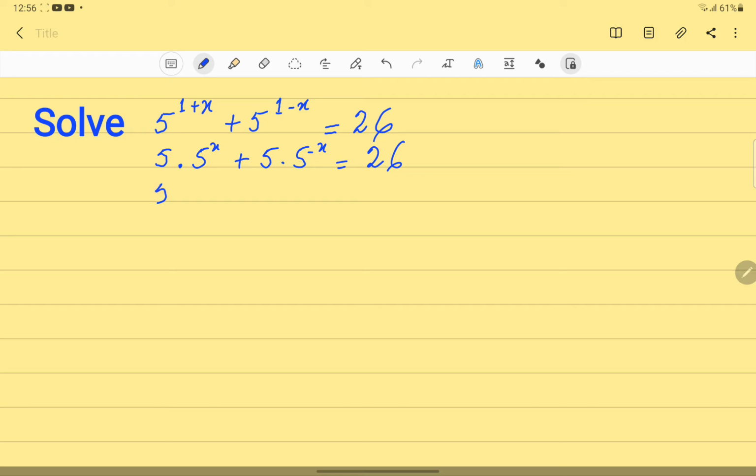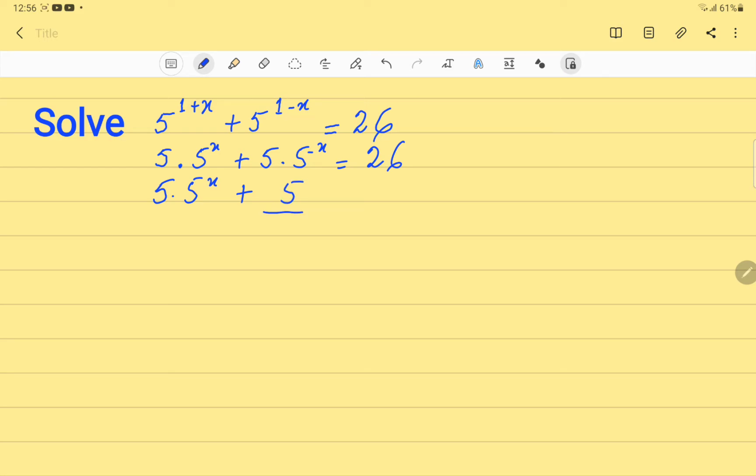It can again be written as 5 into 5 raised to power x plus 5 over 5 raised to power x is equal to 26. Here we will try to get rid of the exponential part of this equation.